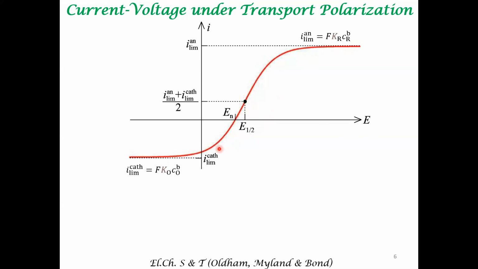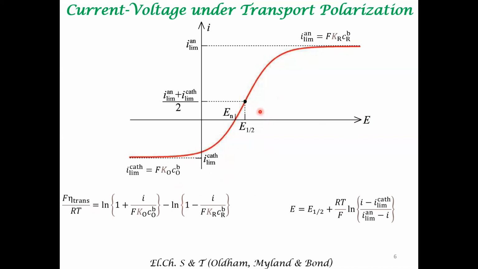So mathematically, all this information is in this equation, and we can rewrite this in a conventional form based on E half. E half is defined as this quantity. The potential corresponding to this is called E half, or the halfway potential. The halfway potential corresponds to the average current between these two bounds.